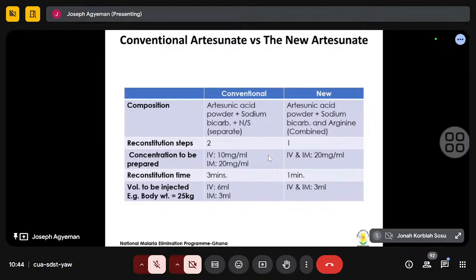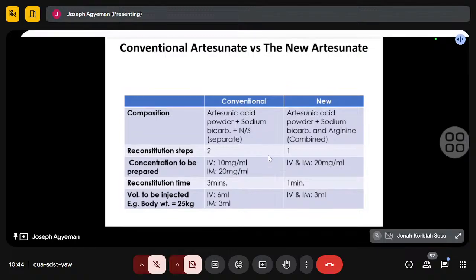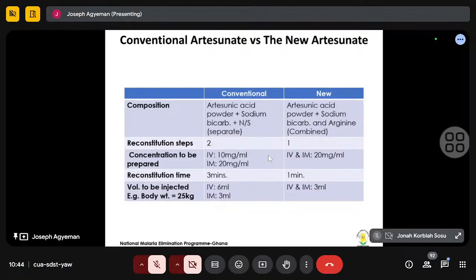So we hope that they will roll out this type of agent, for us to not be worried about which concentration to prepare based on IV or IM. We always get it right. It's easy. Dealing with one thing is always easier than dealing with two things. Two things, is it this or that? You make a mistake and you are done.